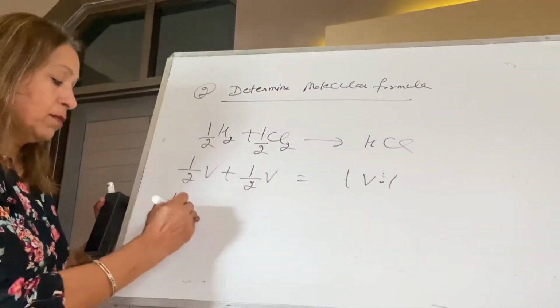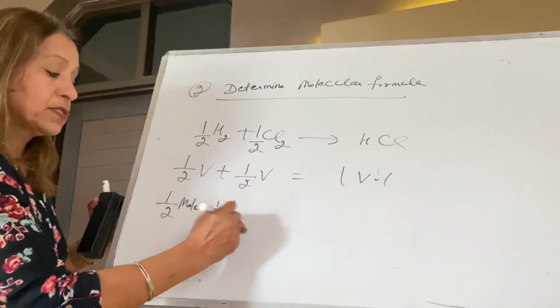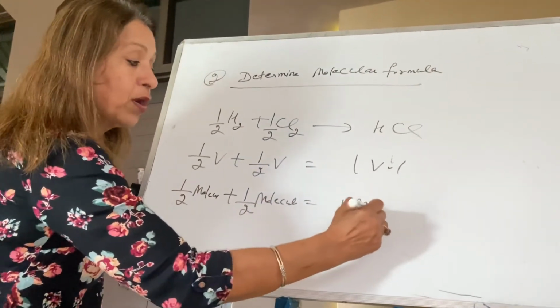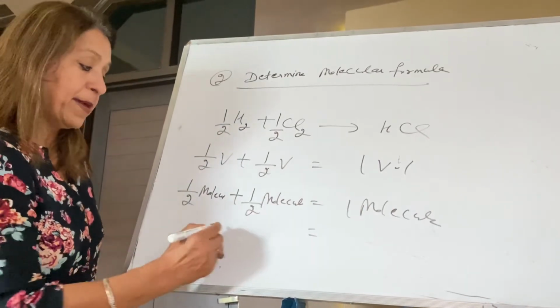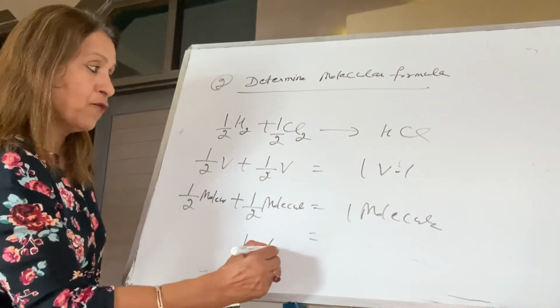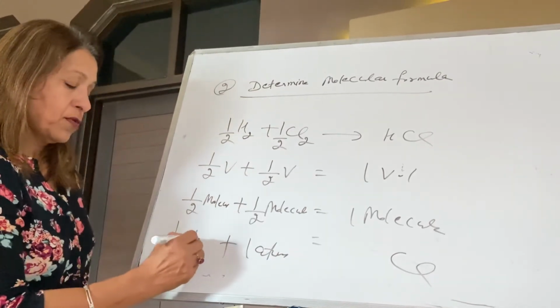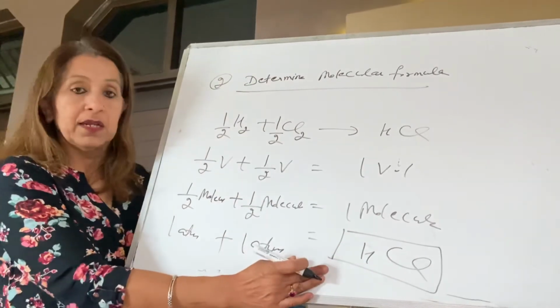Half molecule plus half molecule is equal to one molecule. So one molecule of HCl is made up of one atom of chlorine and one atom of hydrogen. This comes the formula of HCl.